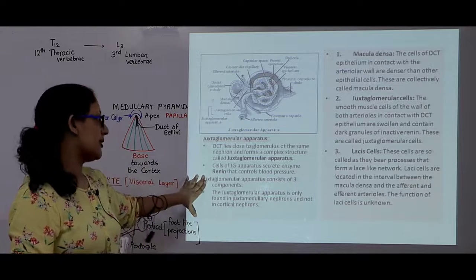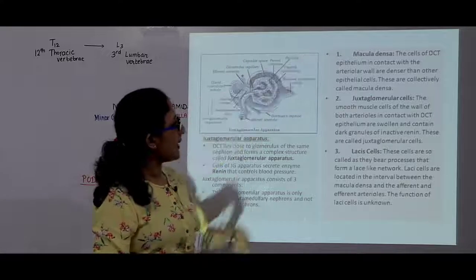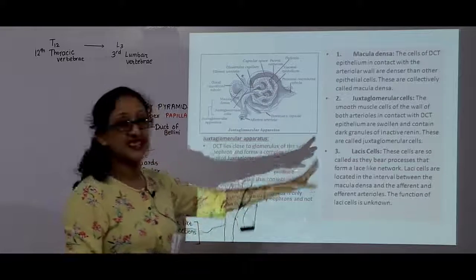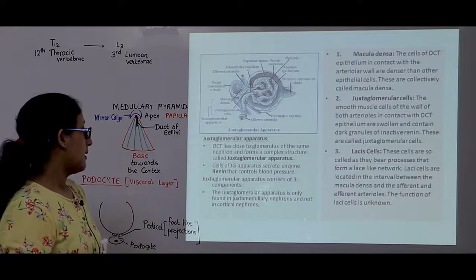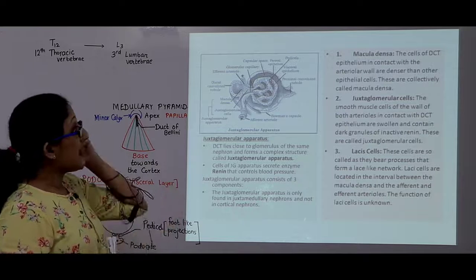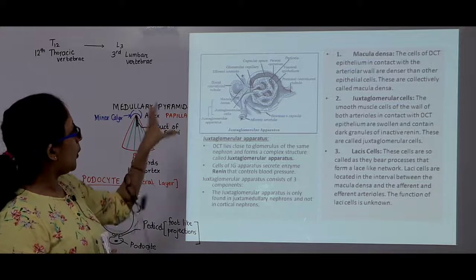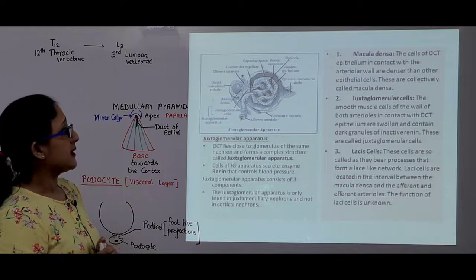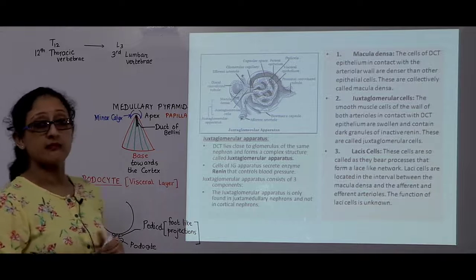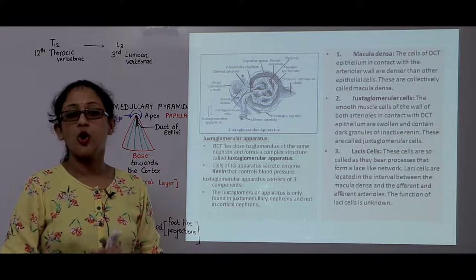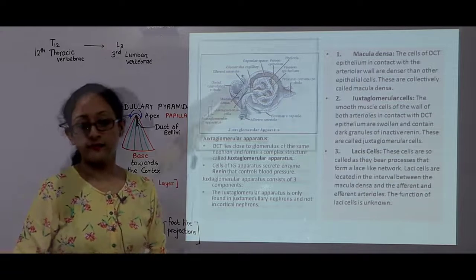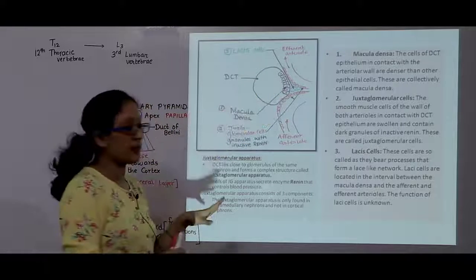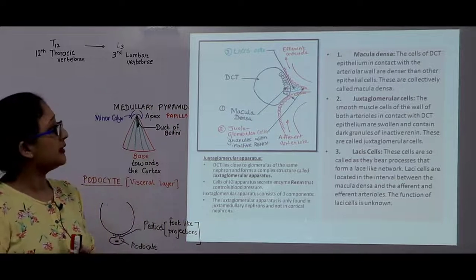It has three components which you can see here: macula densa, juxtaglomerular cells and the Lacis cells. Now what is macula densa? Over here in this image, macula densa are the cells of the DCT, the distal convoluted tubule. Here the DCT portion I have drawn in black color. This is a much more simplified diagram which I had personally drawn.